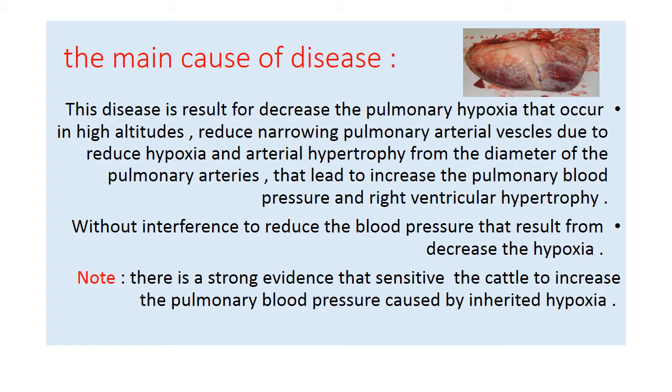So narrowing of the pulmonary arterial vessels due to hypoxia and arterial hypertrophy reduces the diameter of the pulmonary arteries, which leads to an increase in pulmonary blood pressure and right ventricular hypertrophy. And now, without intervention to reduce the blood pressure that results from the hypoxia.